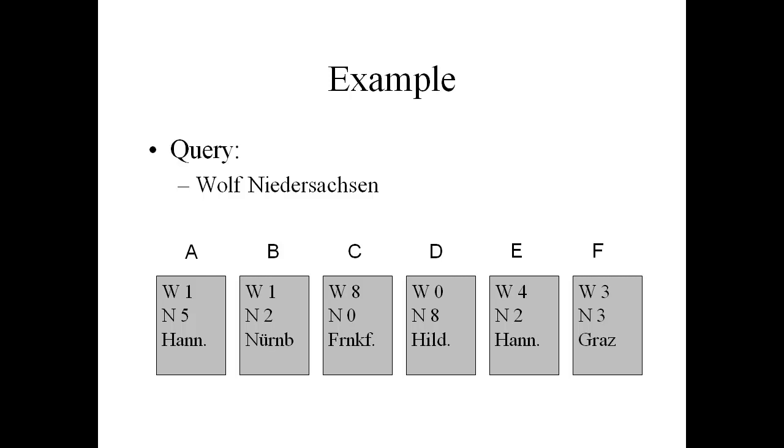Remember our example? We had already counted the words. Now we know that, yes, this can be Wolf or Wölfe, or Wolfes, different forms, but it's all the term wolf. We don't have stop words here. We have our query, and now we have the question of what is the number 1 ranked document here.